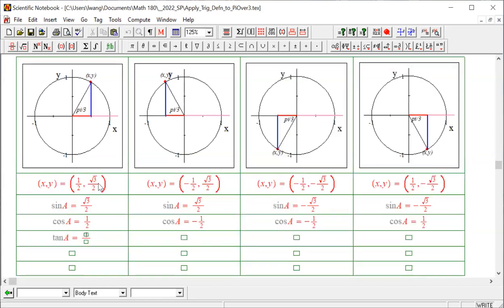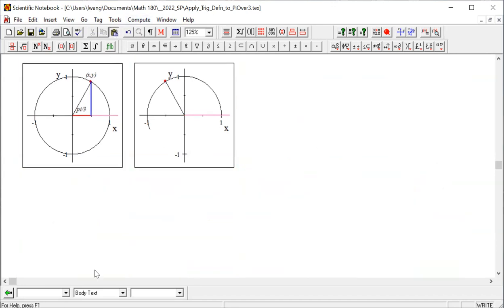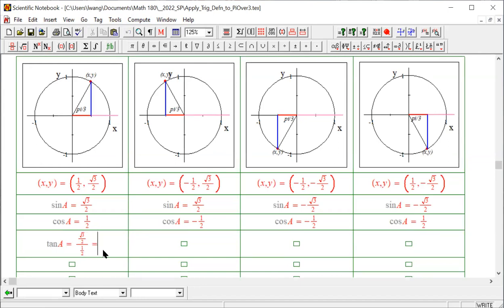This is the y over x definition. X is half, right? And simplify, the answer is going to be √3. Tangent of any angle in the second quadrant is still y over x, but this time we have a negative, right?